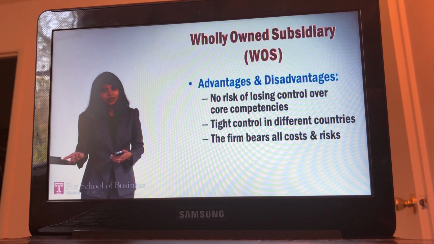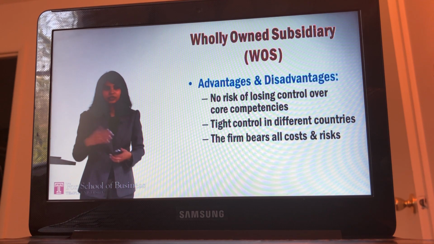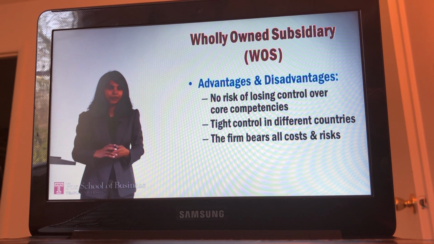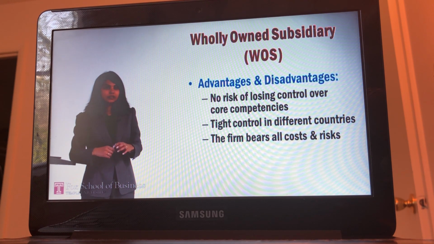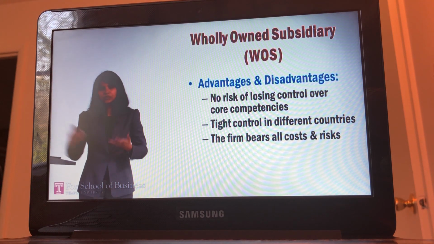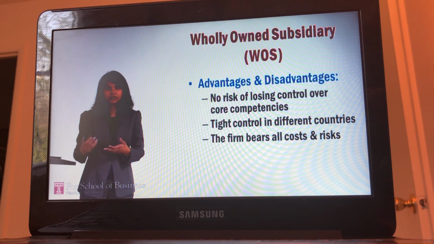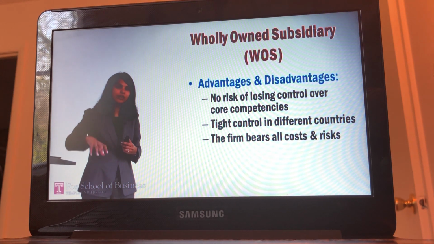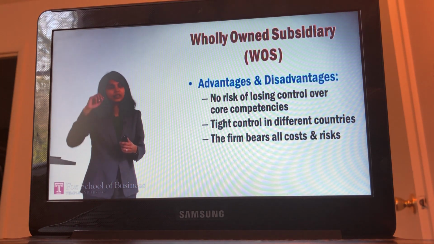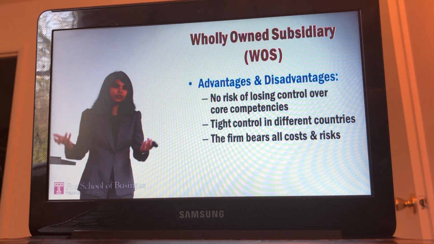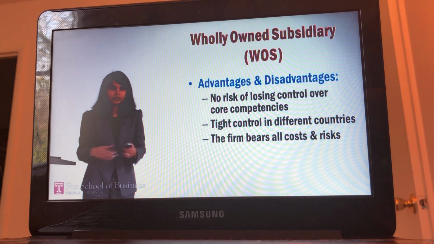But the rewards are also maximum, because you're not sharing the rewards with anyone, as was the case with the joint venture partnership. And there's no risk of losing your core competencies because you're not sharing them with anyone else. You can have full control over that subsidiary. You have 100% ownership in that foreign firm. So you bear all the costs and risks.